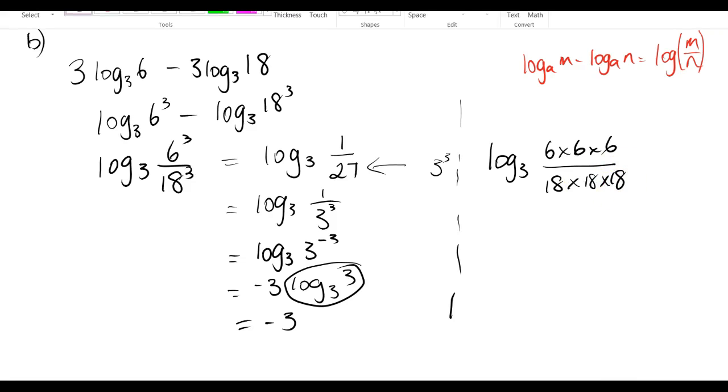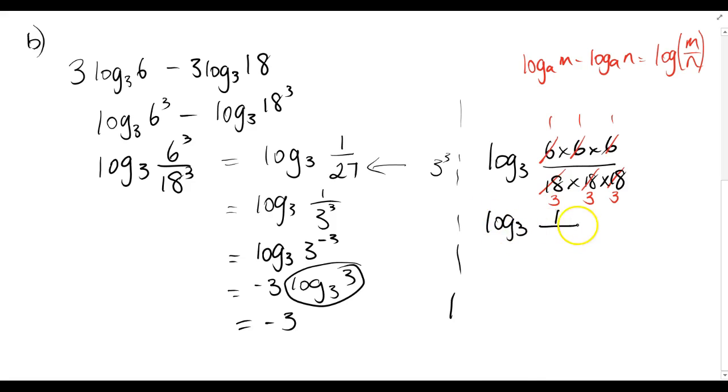If I go through and do some cancelling here, top and bottom, I'm going to divide by 6 top and bottom. So 6 divided by 6 is 1, 18 divided by 6 is 3, and the same for each of the three pairs. You can see by going through the cancelling method that I end up with log base 3 of 1 on 3 cubed straight up.